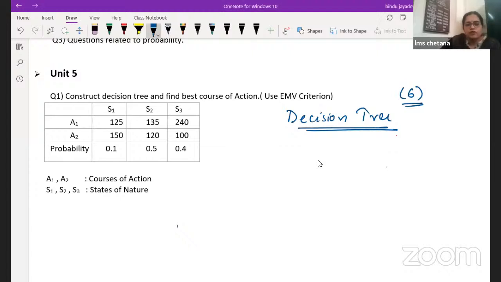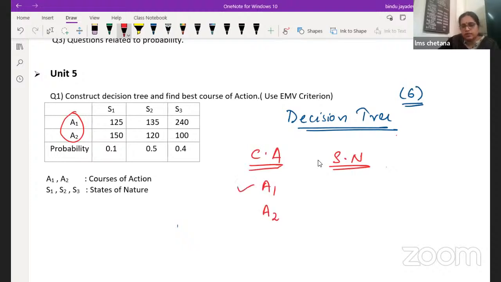Now see here. First, if you want to make the decision tree, please check the course of action. This is your course of action, right? A1 and A2. That means two things: course of action and state of nature. Now check this question. How many courses of action here? There are 2 courses of action, right? And how many states of nature?